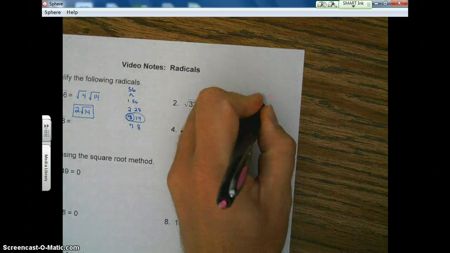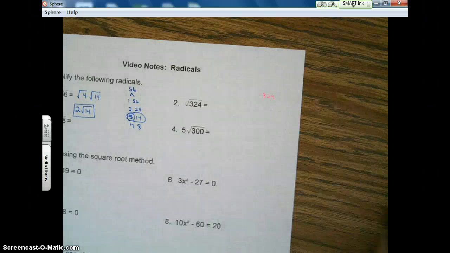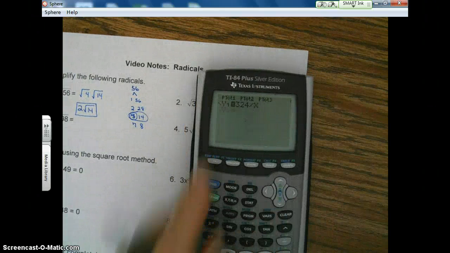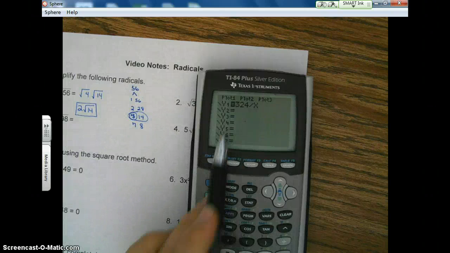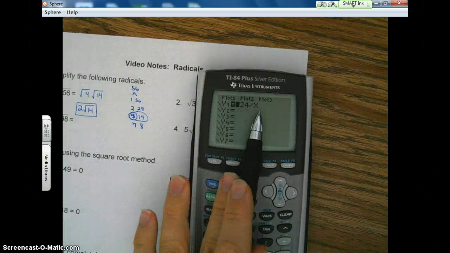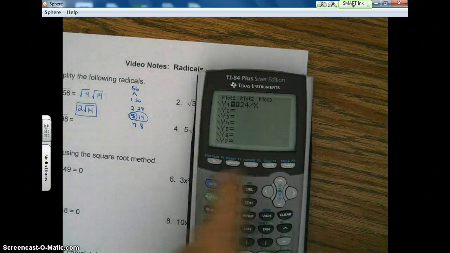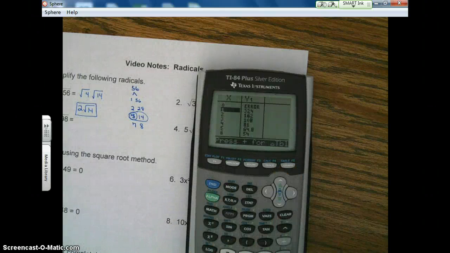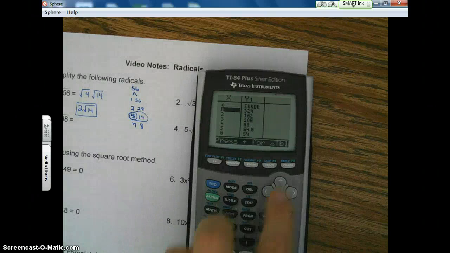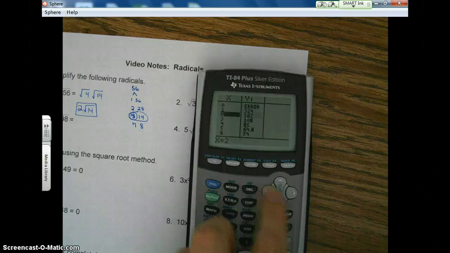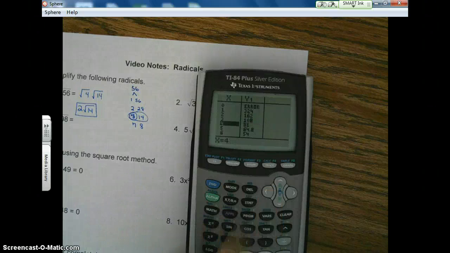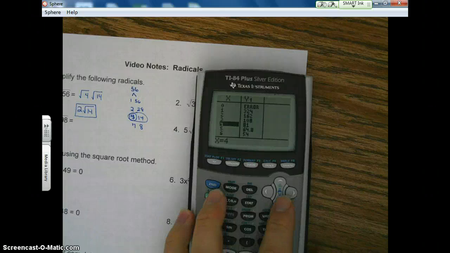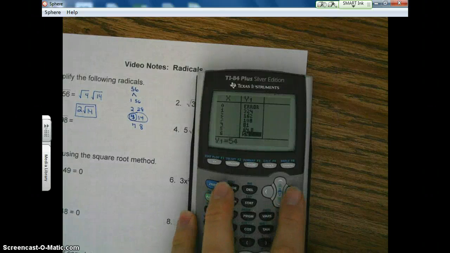Now, you may not like this big number, so if you have a calculator available to you, if you plug in y equals 324 divided by x, and then go to your table, it will list out all the factors, starting off with 1 and 324, 2 and 162, 3 and 108, 4 and 81. Well, there's a perfect square right there. But let's see if there's a bigger one. Let's keep going. 6 and 54.